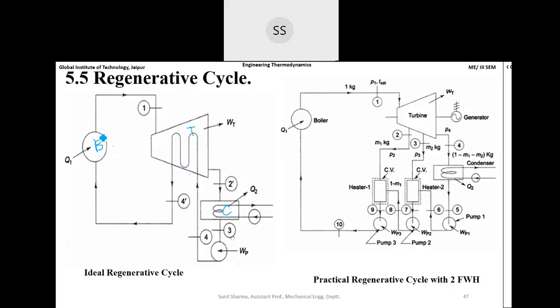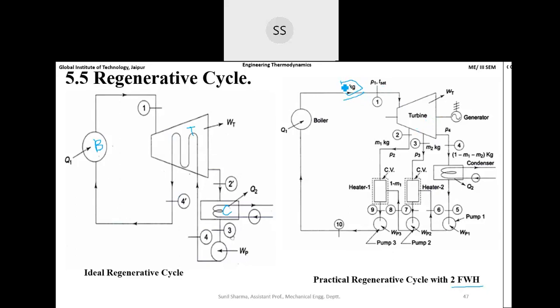And now we see how the practical regenerative cycle operates. And here we are showing it with two feed water heaters. Okay, so again the boiler is there, and after the boiler it goes to the turbine. So assume that we are working with 1 kilogram of water, to understand this problem calculatively.